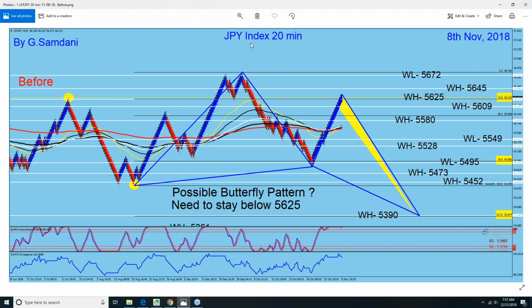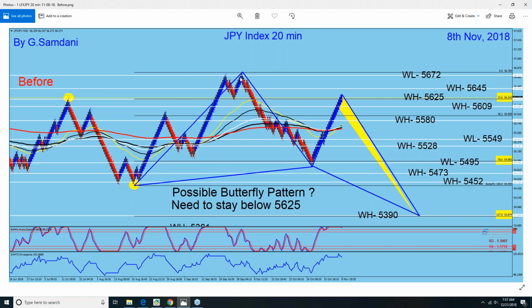In the case of yen, this is the yen chart that I made based on a weekly chart that is totally bearish, and it's hitting the weekly trendline and it's about to drop. I made this on 8th November, and these are the weeklies and monthlies, highs and lows, important numbers. And this is a harmonic pattern which we call butterfly.